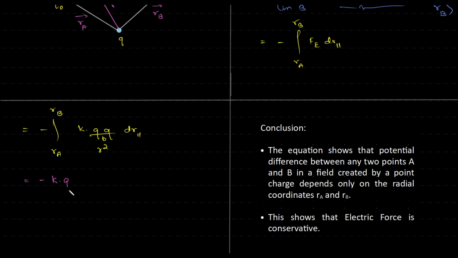Minus K Q Q naught, integration of this component will give us minus 1 by R, from RA to RB.